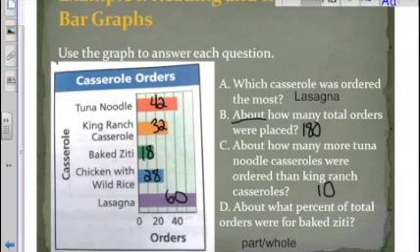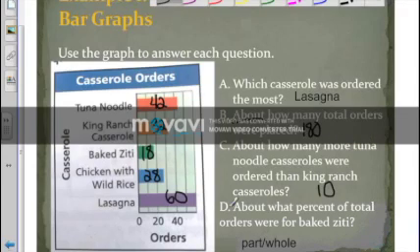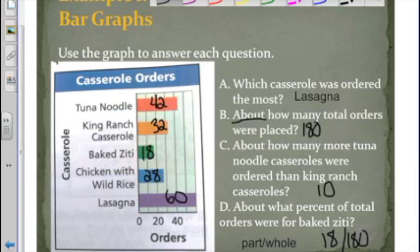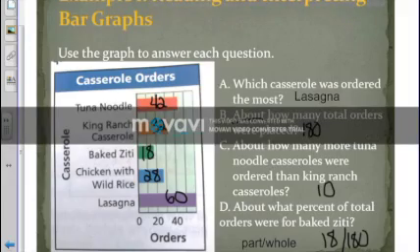We want to find baked ziti, so for us that would be 18 divided by 180, which we know as 10%. All right, so that's bar graph.